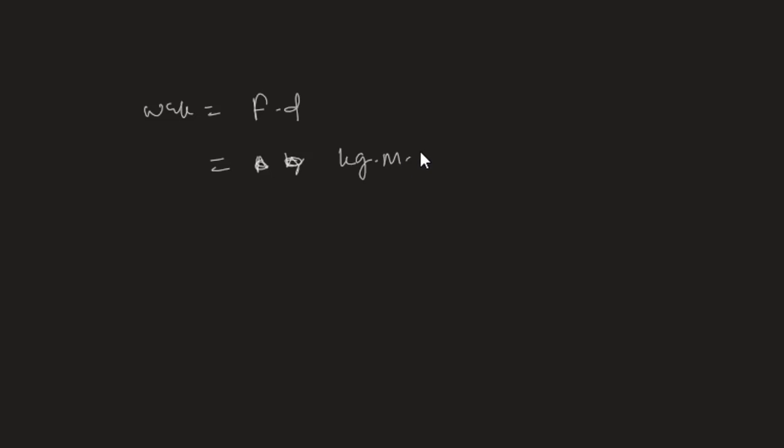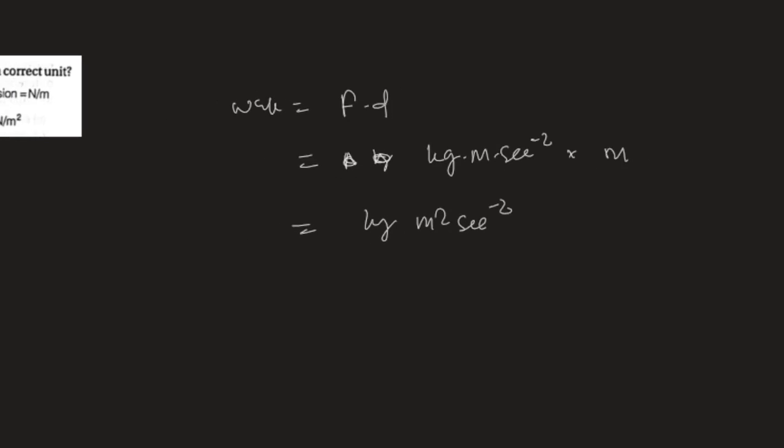Force is in kg meter second minus 2, and the distance is meter, so it should be kg meter square second minus 2, right? But here it is given kg meter per second, so it is not a correct answer. So the one not given in the correct unit is answer C. Energy in kg meter per second is not correct.